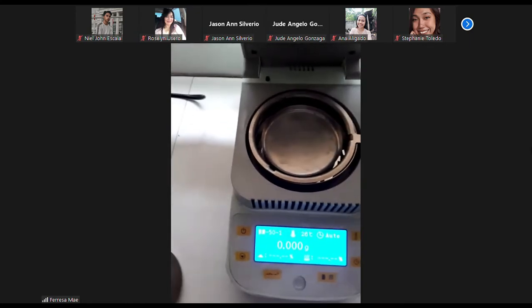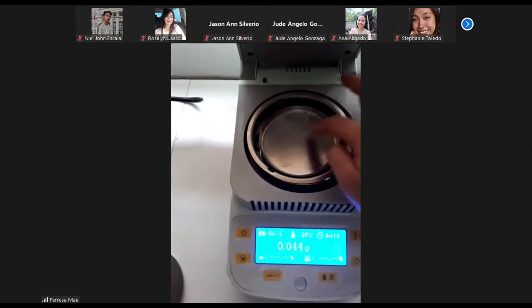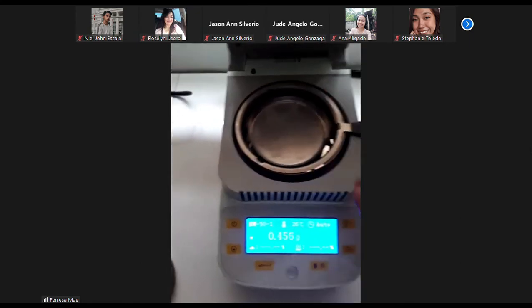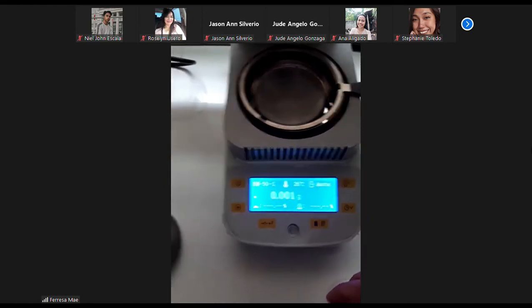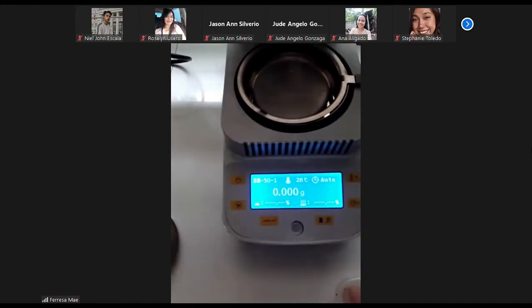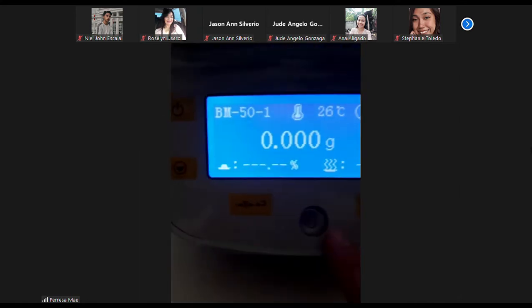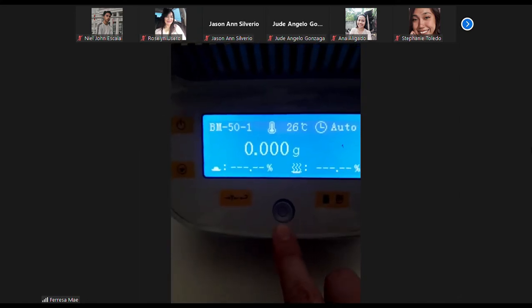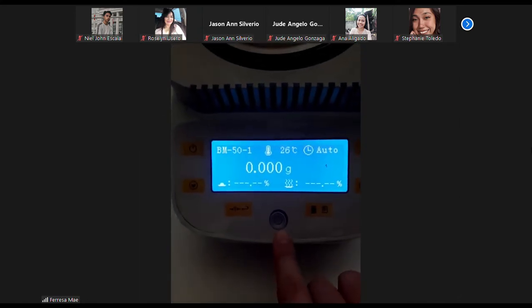Sa aluminum dish, tear niya siya. I-center niya na siyang bubbles before using.